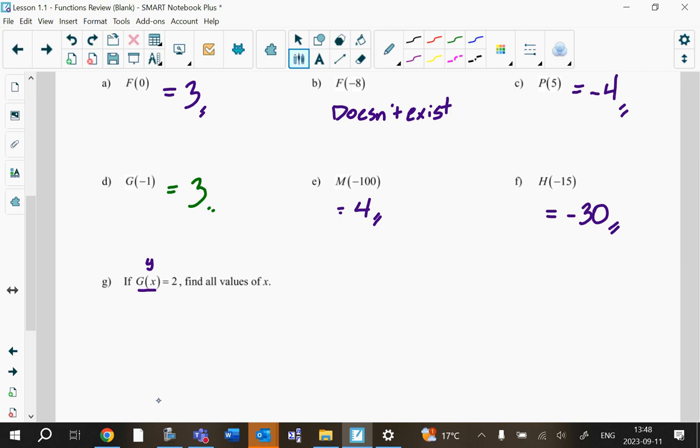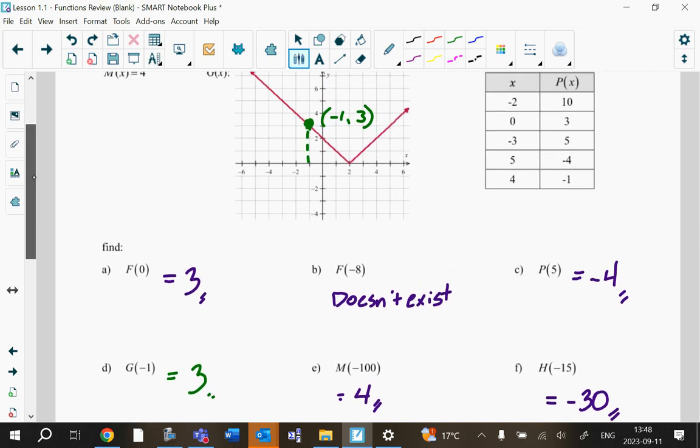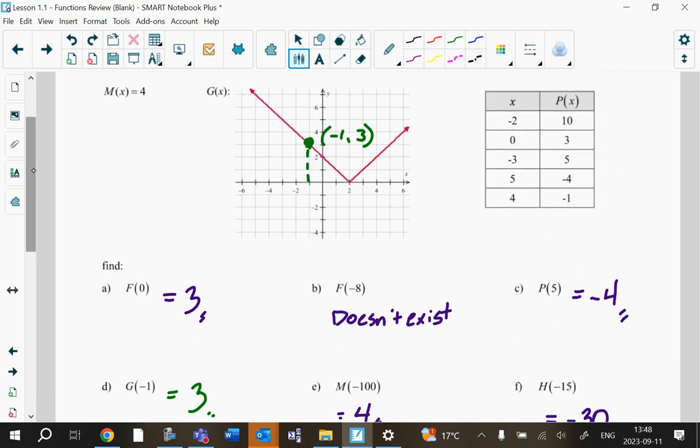So now you got to go find the y value where it's 2, and then work backwards to find the corresponding x value. So it's the graph here. Well, what point is y equal to 2? Right there. That's the point. Well, what's the x that goes with that? 0. Therefore, if y is 2 in function g of x, x is going to be 0.